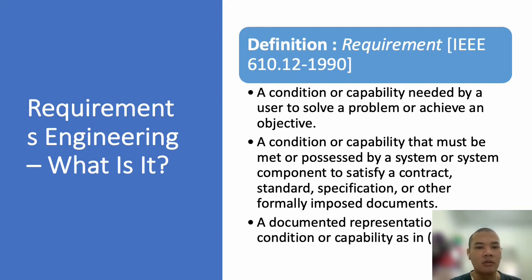A condition or a capability that must be met or possessed by a system or system component to satisfy a contract, standard, specification, or other formally imposed document. A documented representation of a condition or capability as in a system.